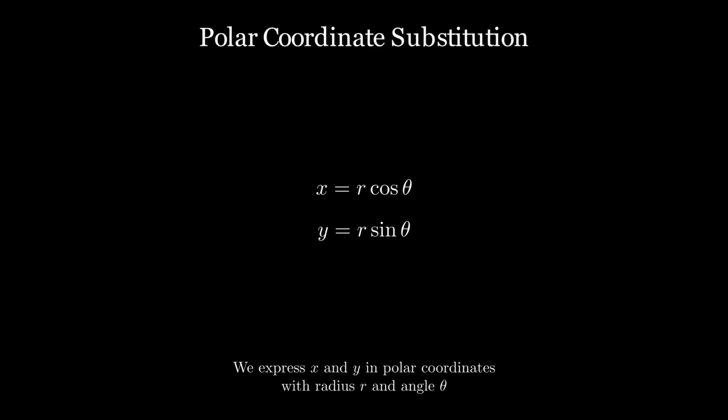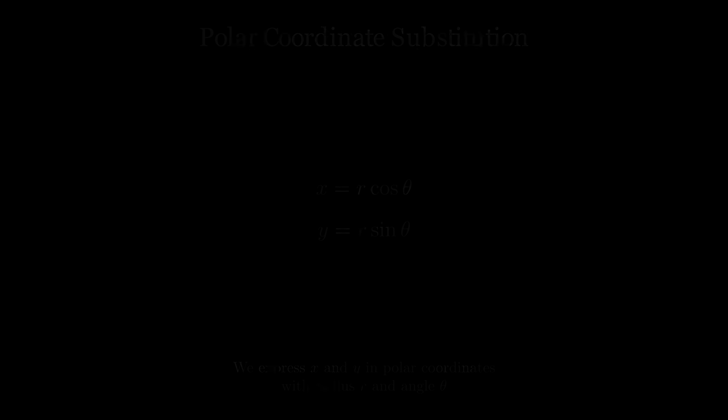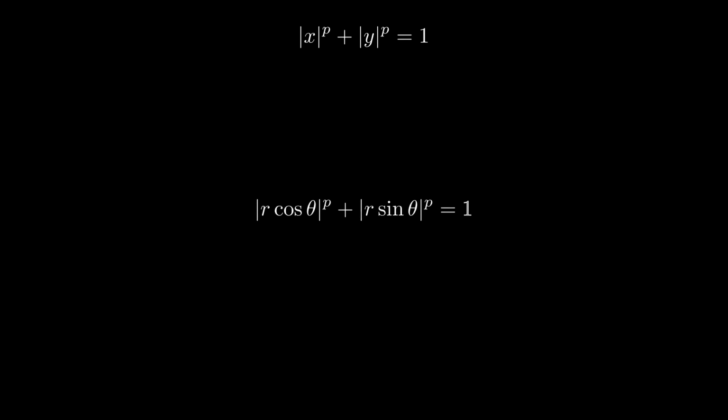Let's substitute x and y in our defining equation with their polar coordinates. Then we can factor out r to the power of p, and also factor it out for both terms.